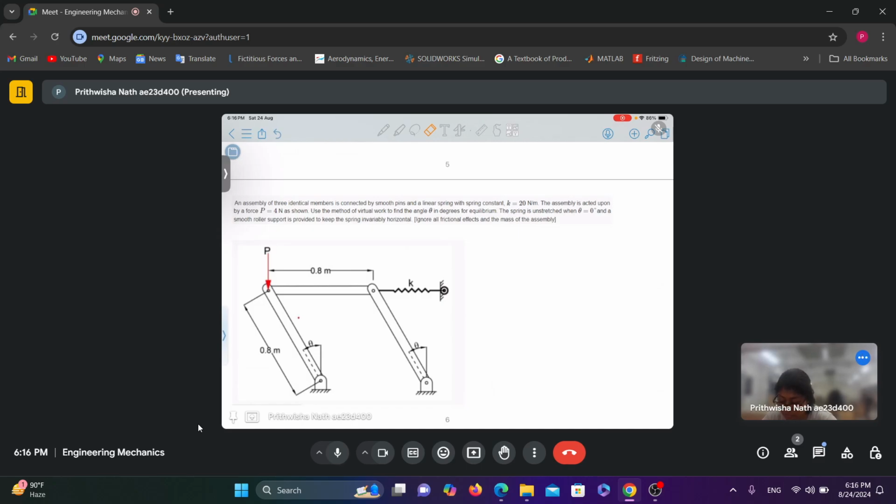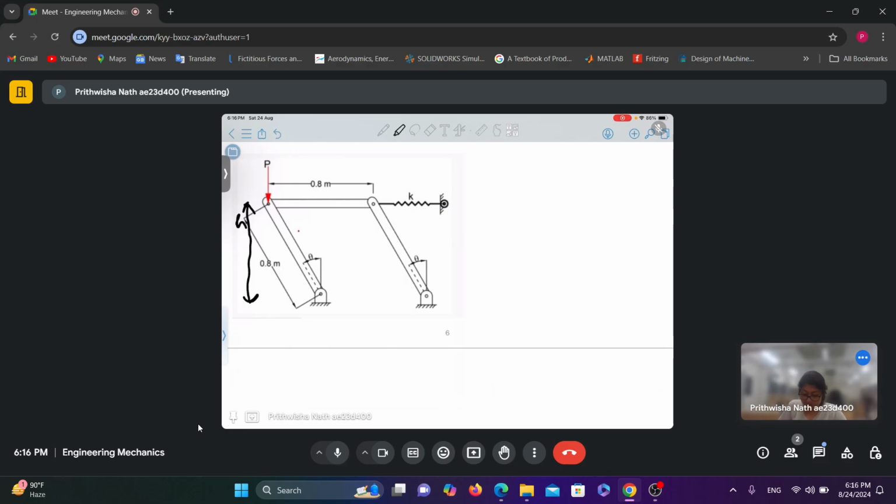Now, suppose let this be H. So I can write H as 0.8 cos theta.